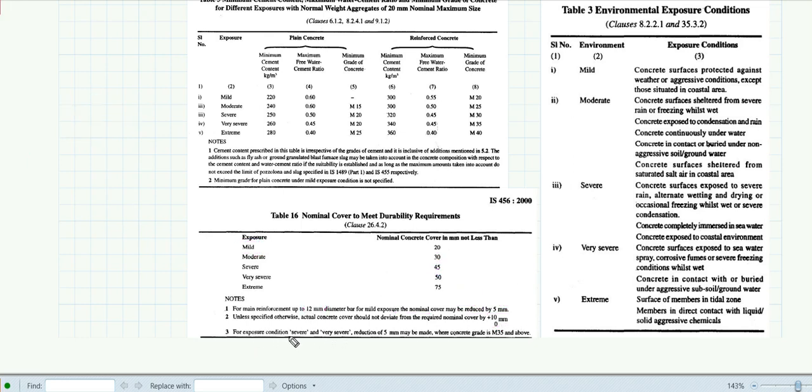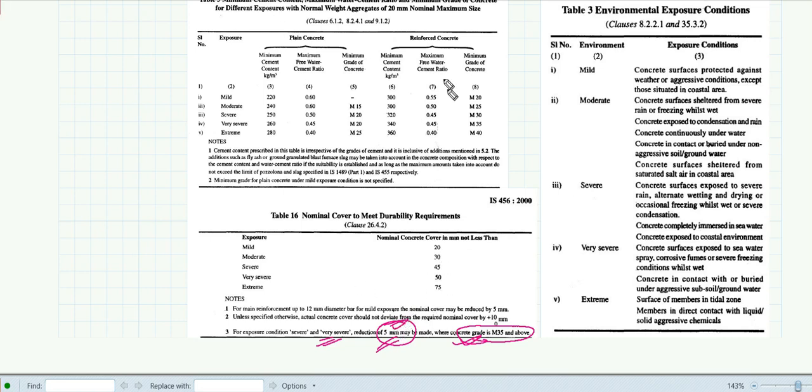And for exposure condition severe and very severe, a reduction of 5 may be made where the concrete grade is M35 and above. If the grade of concrete is M35 and above, you can reduce the cover by 5.